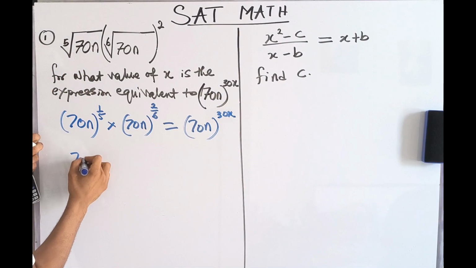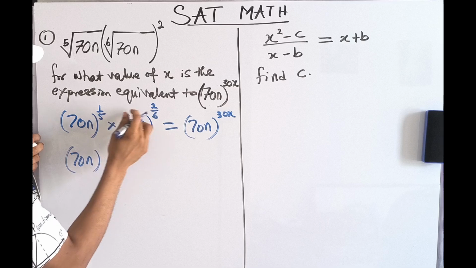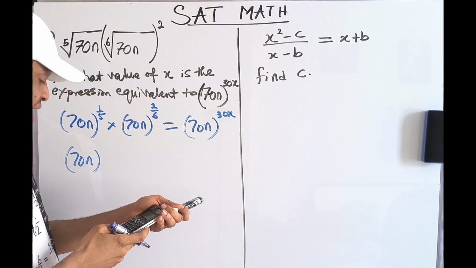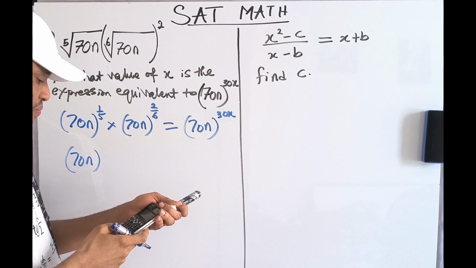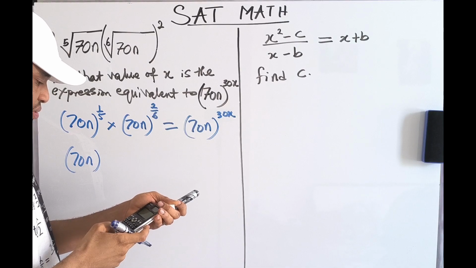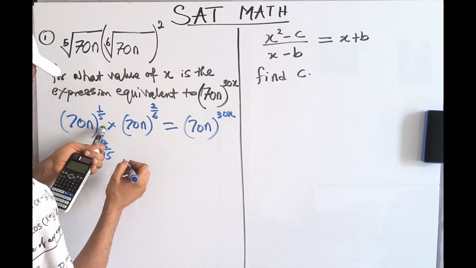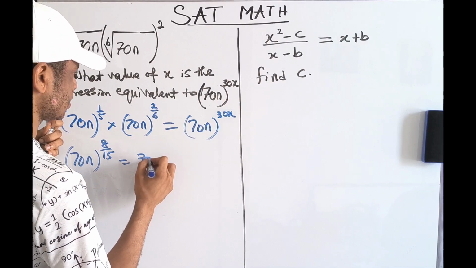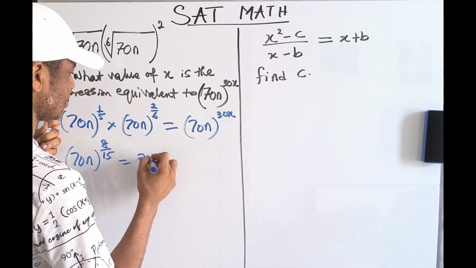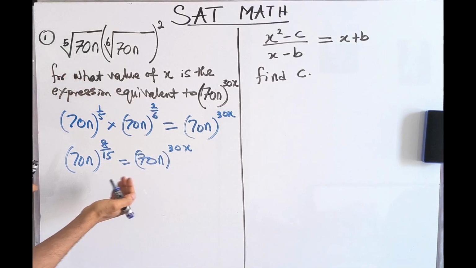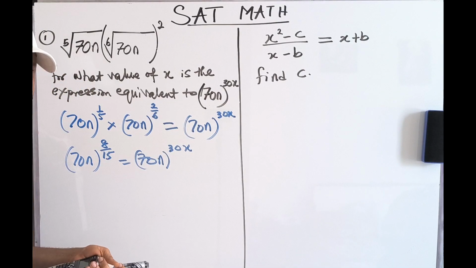So this is 70n to the power of 1 by 5 plus 2 by 6, which will give me 8 by 15, is equal to 70n to the power of 30x. So from indices, the bases are the same, right?